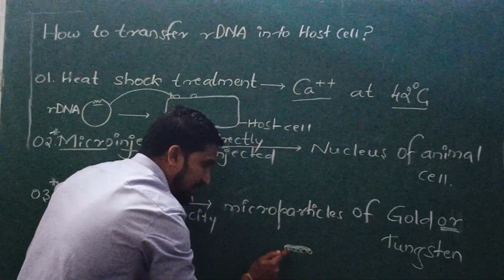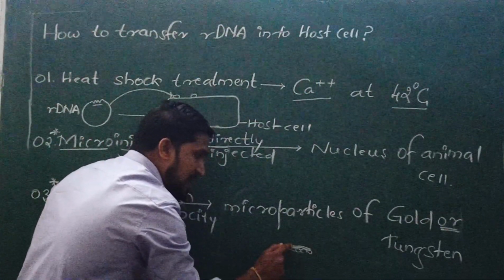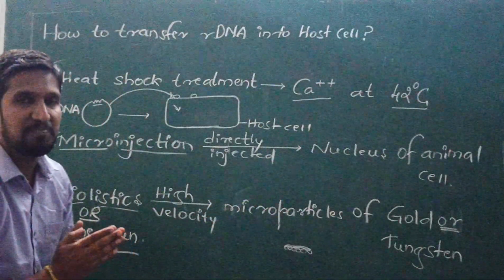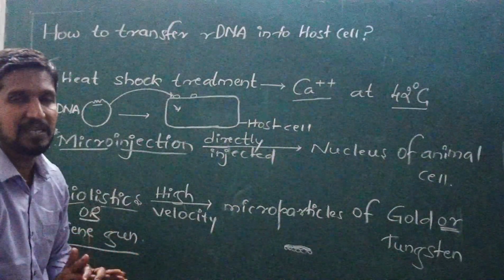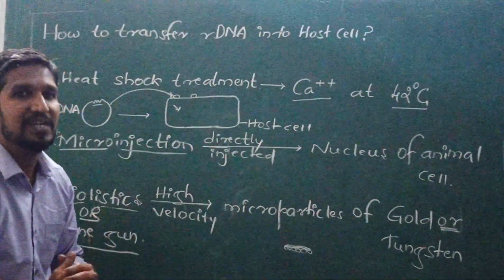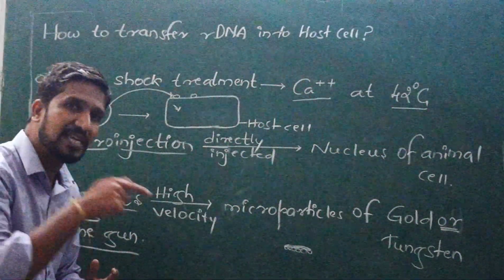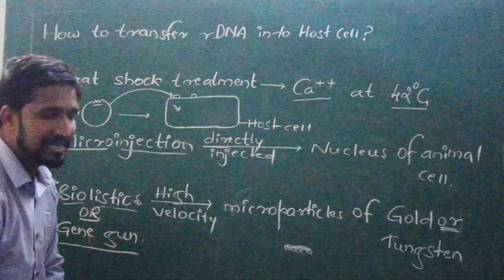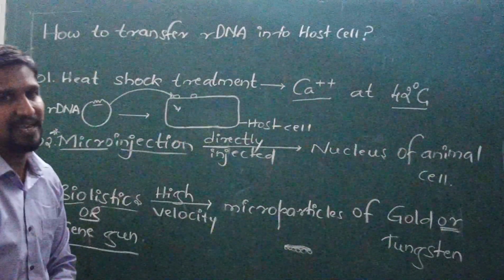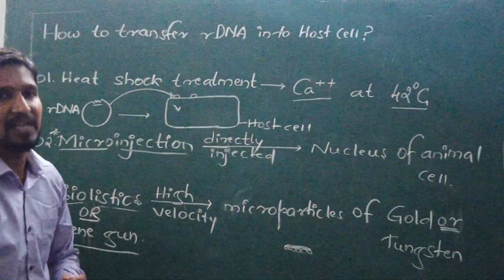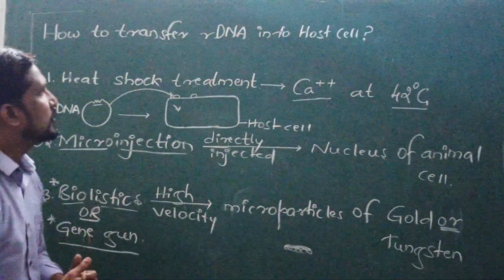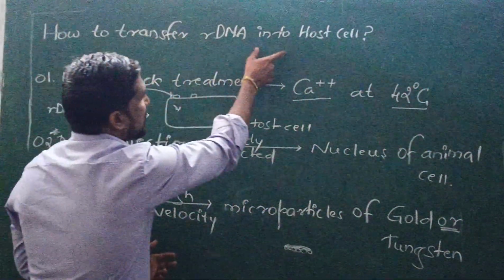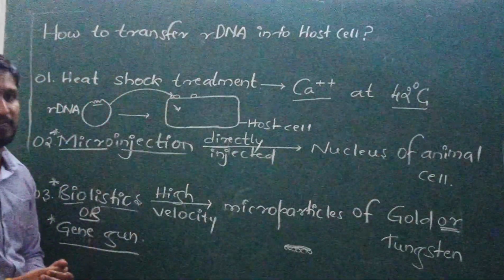On these particles, the DNA is wrapped. So the high velocity particle of gold or tungsten wrapped with DNA is injected into the nucleus of either the plant cell or the animal cell. So this is another method used to transfer rDNA into the host cell.